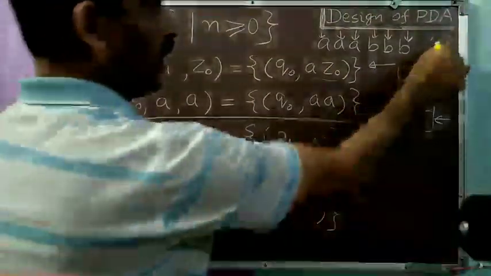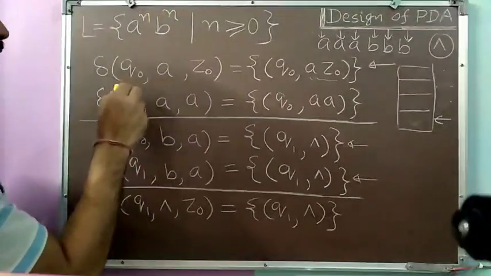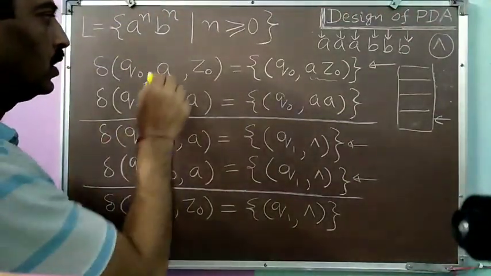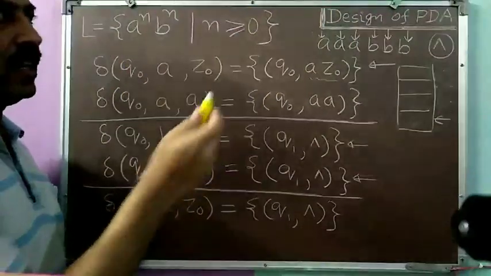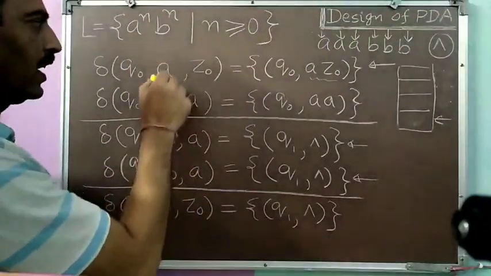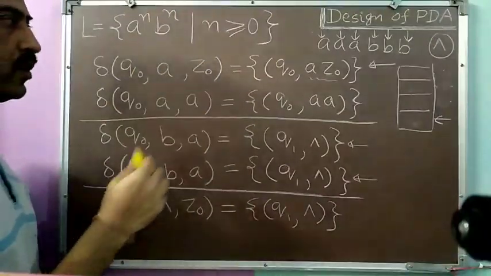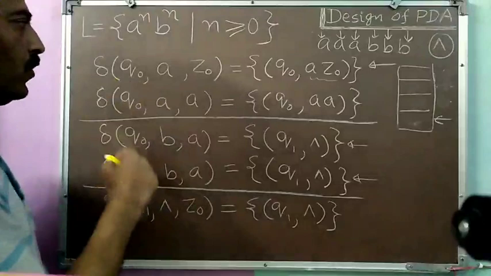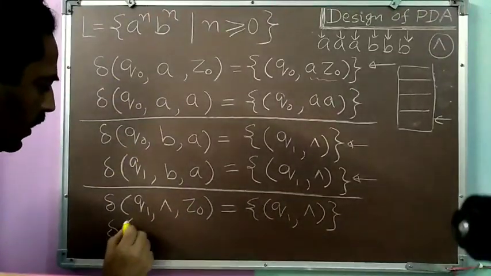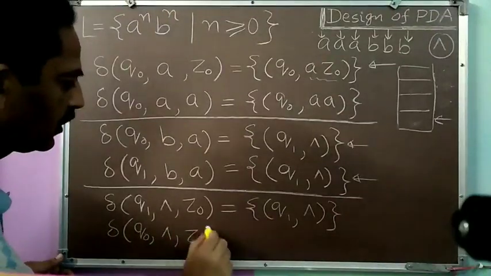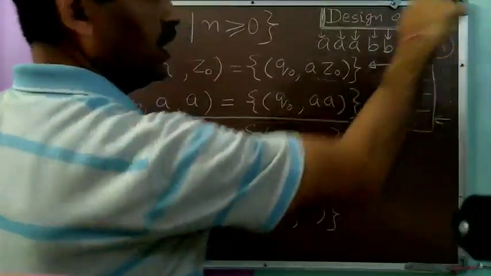Because if I run null here, I will have a situation q0. Initially, I will be in the state q0. From the input, I cannot get anything because the input is null, so I can get only null. And the initial pushdown store symbol will be z0. So I will get a situation of the form delta q0, null, z0 for processing this string null.